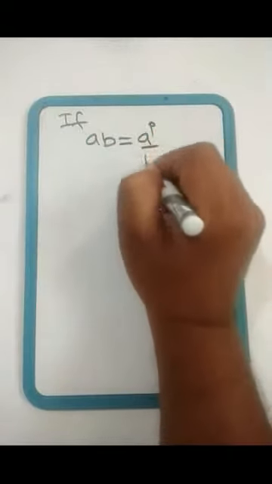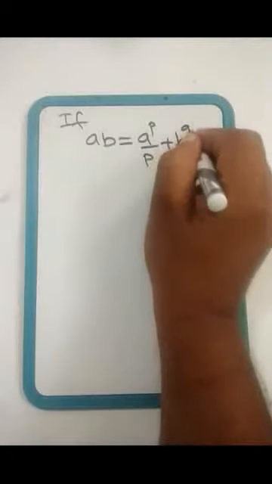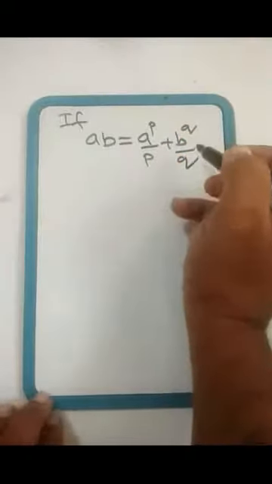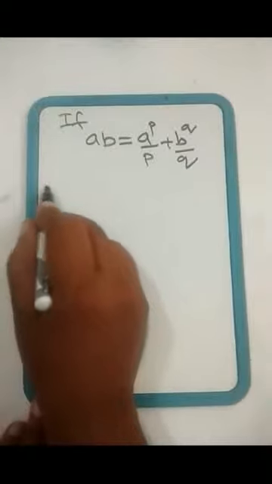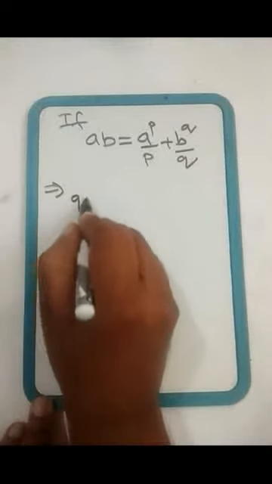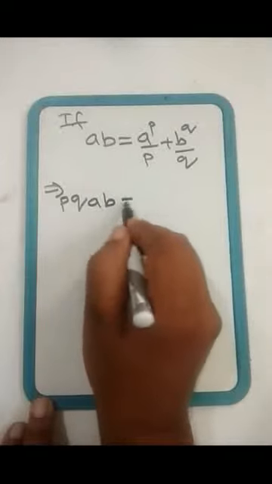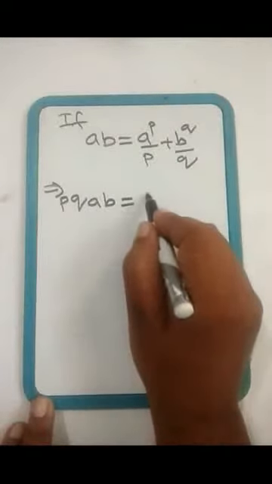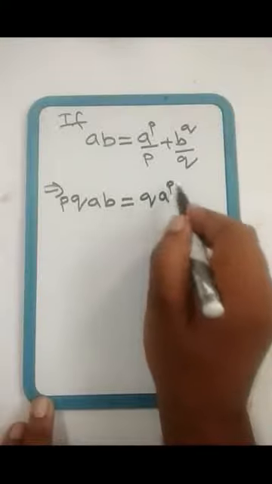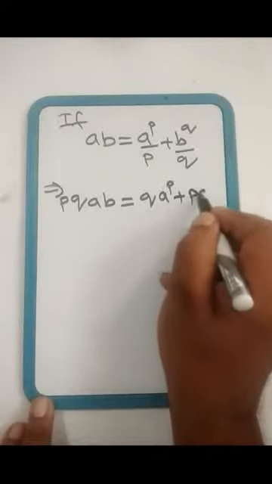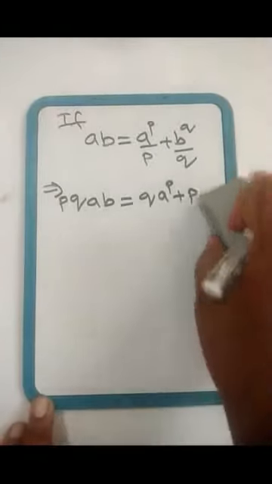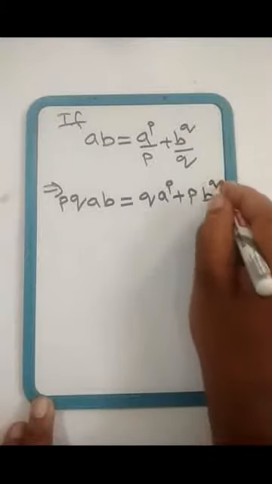is equal to a raised to p upon p plus b raised to q upon q, so this implies pq times ab must be equal to q times a raised to p plus p times b raised to q.